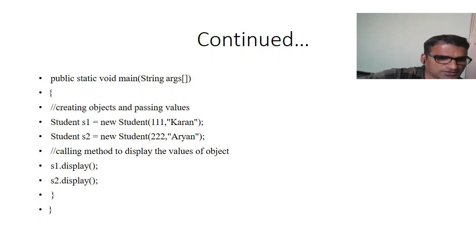When I call s1.display, the output will be displayed as id equal to 111 and name equal to Karan. Similarly, when I call s2.display, the id value will be 222 and the name will be rn. In this way, we can display two students' output using the instance objects.